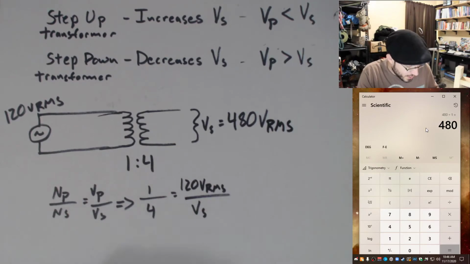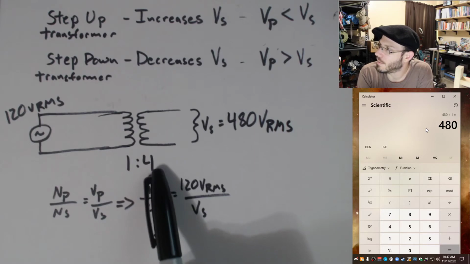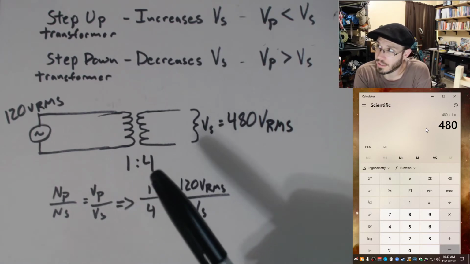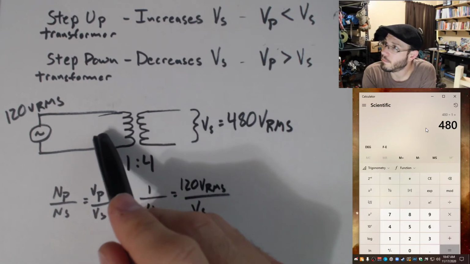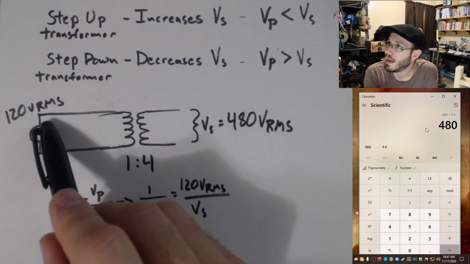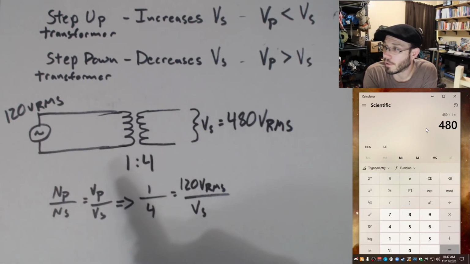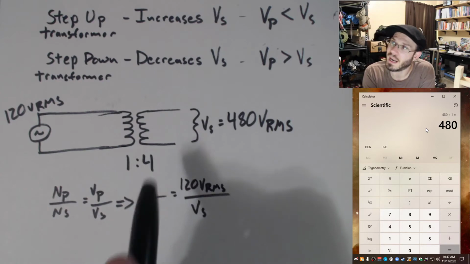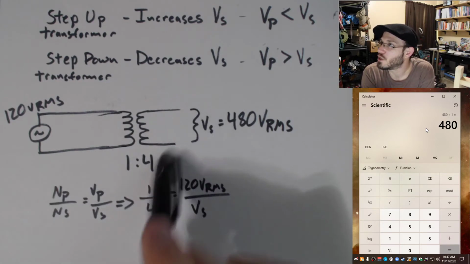Now, I could also just intuitively look at this and go, well, it's a 1 to 4 transformer. Hence, my output has 4 times the number of turns as the input. Therefore, whatever I have applied to the input times 4 gives me my output. That's how I tend to do it. I don't generally write this out. I just look at it.